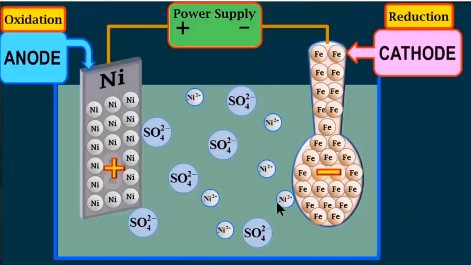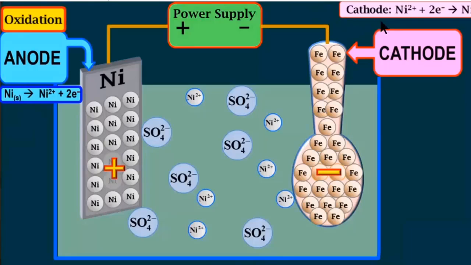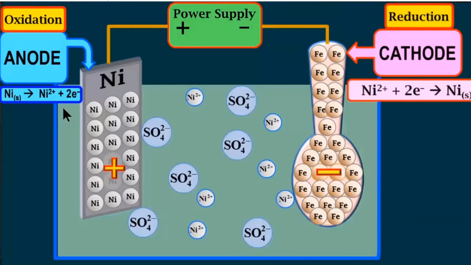These nickel ions, which are positively charged, will go to the cathode and they will gain electrons and become nickel metal. Okay, and here this nickel will lose electrons and become nickel ion. We'll see that this is the reaction at the cathode and this is the reaction at the anode.